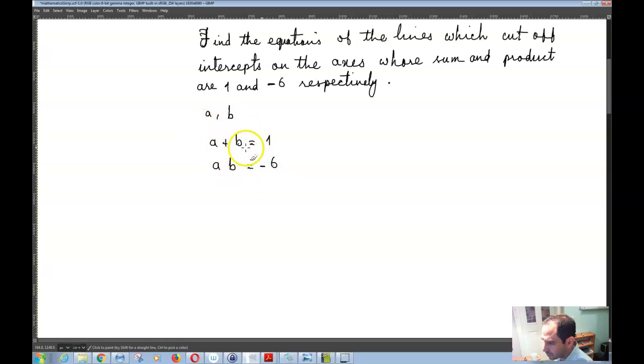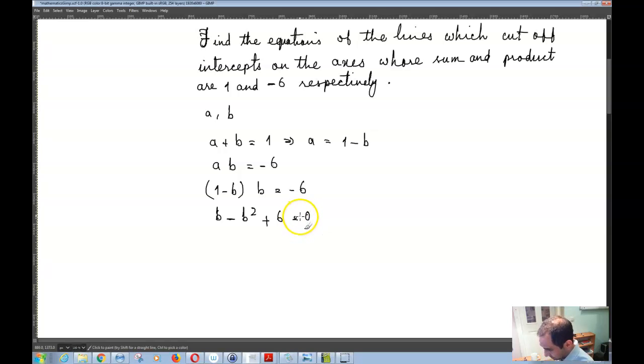So you can solve this by writing A is equal to 1 minus B, and then 1 minus B times B is equal to -6, or B minus B squared plus 6 is equal to 0. And so I can write -B squared plus B plus 6 is equal to 0, or basically B squared minus B minus 6 is equal to 0.